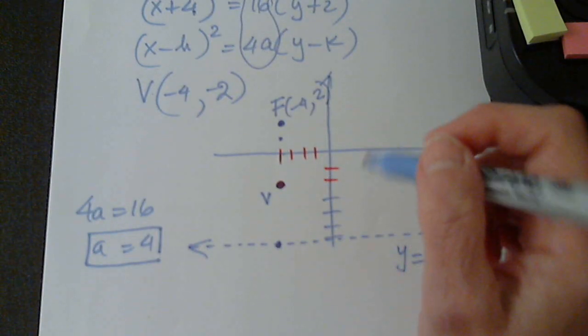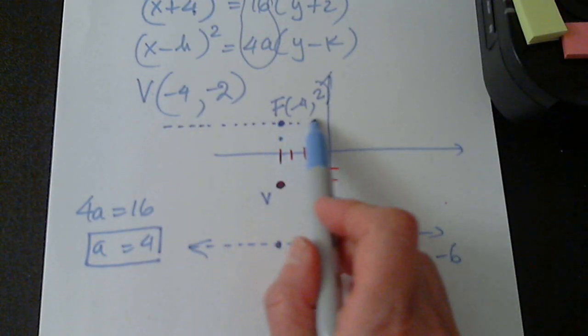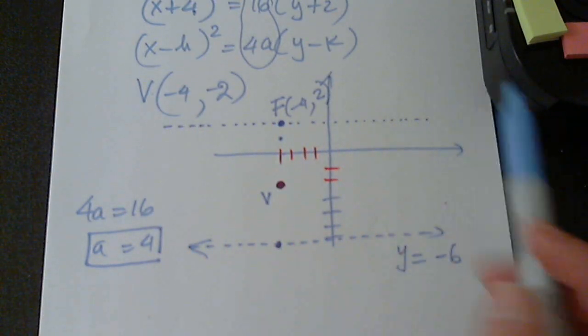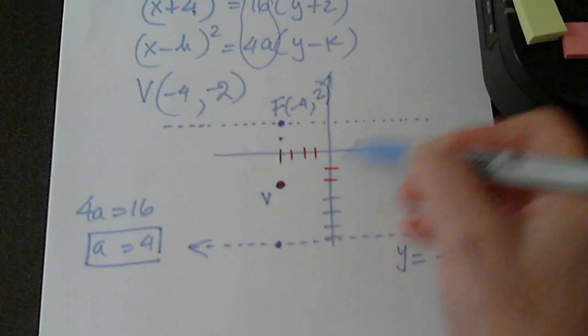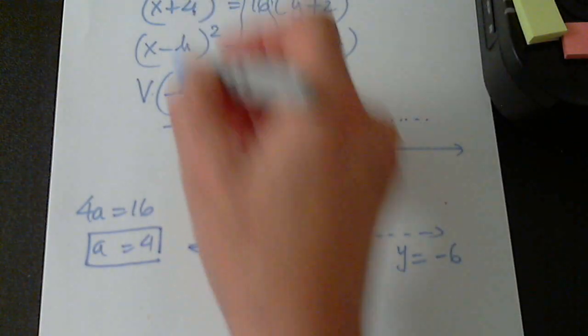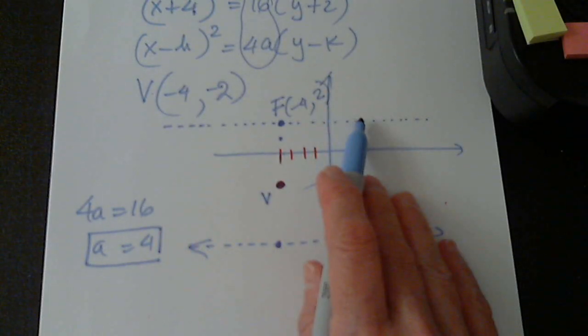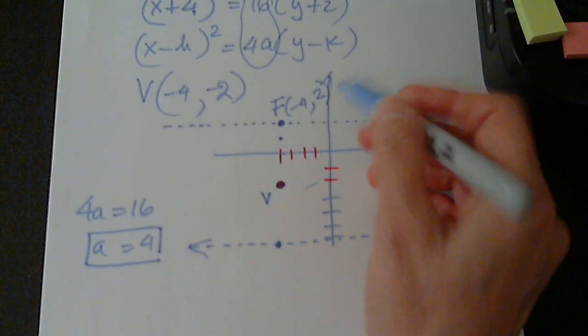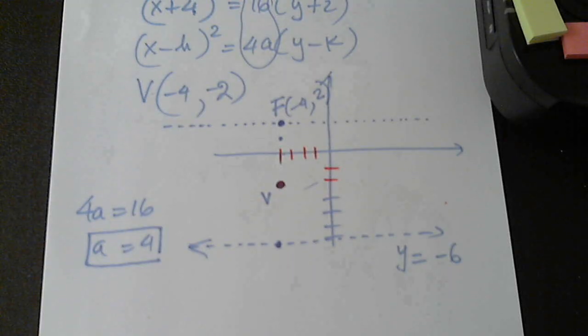Now, somewhere on this line, I really shouldn't graph it because I don't want you to think that it's part of the graph. I should be able to find 2 points so I can draw the parabola. Without these 2 points, I don't know how open or how narrow the parabola is.